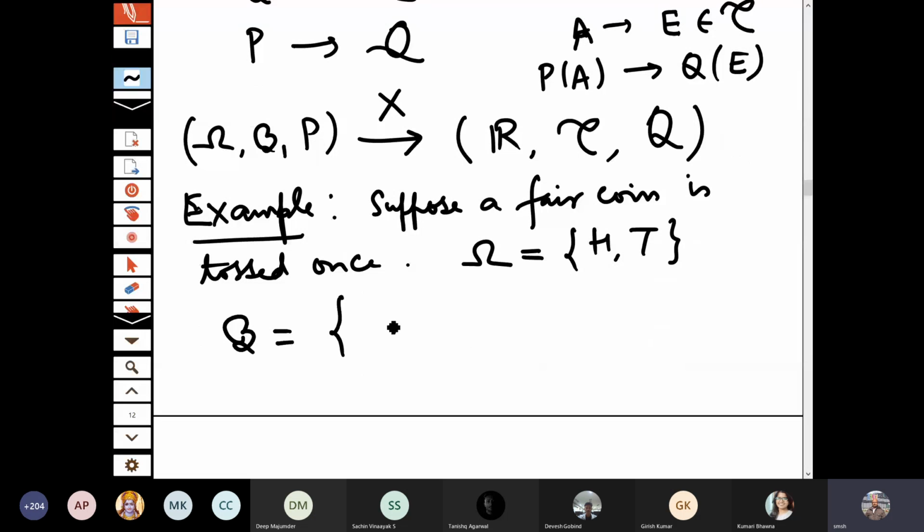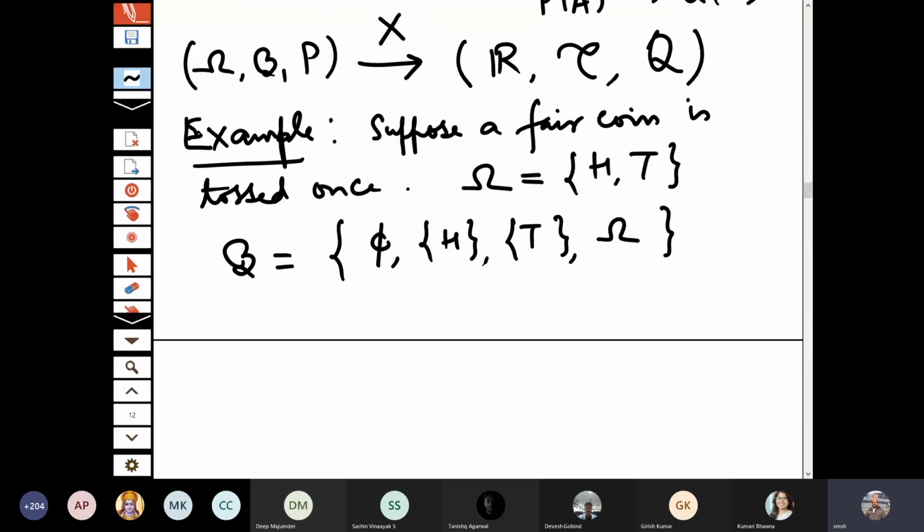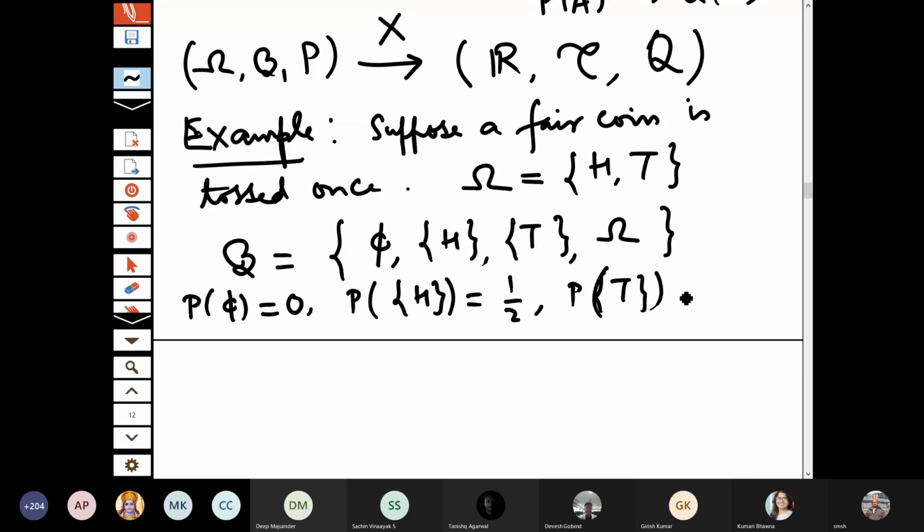B you may consider say phi, H, T and omega. And you can associate the probabilities for each of them. What is the probability of phi? That is 0. What is the probability of H? That is half. What is the probability of T? That is half. What is the probability of omega? That is 1.